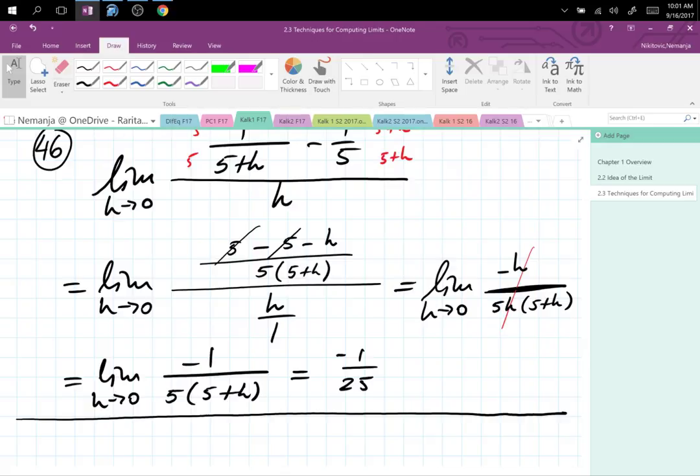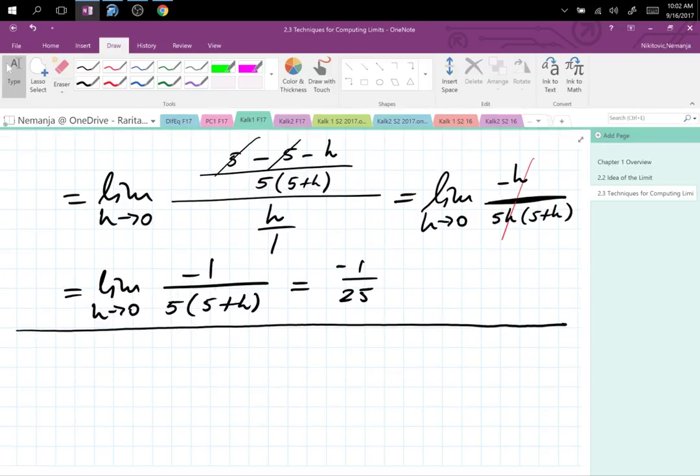There is one more concept, I believe, which would end this. So one more concept here, and that is called the squeeze theorem, and 2.3 is done.